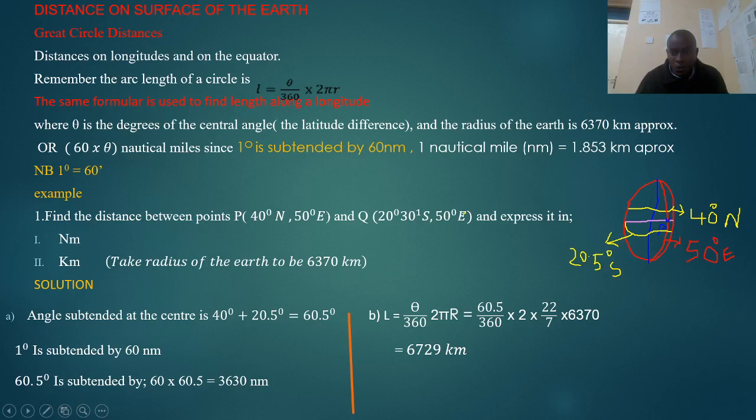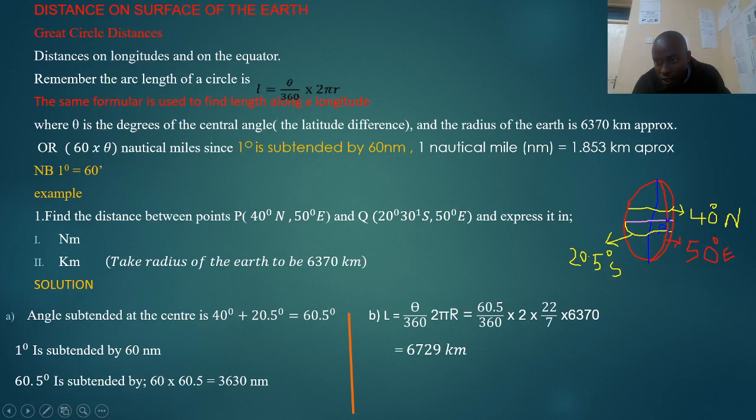We can also have 50 degrees east. The 50 degrees east is on this same line. It's on latitude 20.5 degrees south, on longitude 50 degrees east.